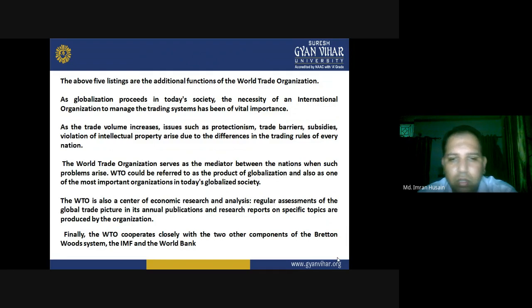The WTO could be referred to as the product of globalization and also as one of the most important organizations in today's globalized society. The WTO is also a center for economic research and analysis. Regular assessment of the global trade picture in its annual publications and research reports on specific topics are produced by the organization. Finally, the WTO cooperates closely with the two other components of the Bretton Woods system, the IMF and the World Bank.